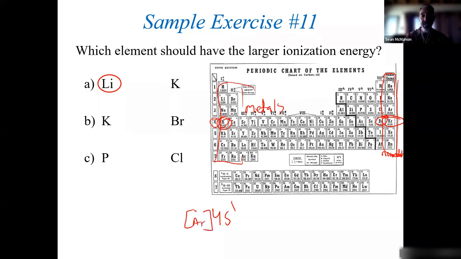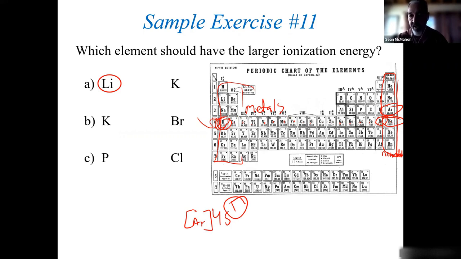It actually wants to lose this valence electron, because if it loses it, now it's like argon and it's happy. It's easier to lose the 1 electron than gain 1, 2, 3, up to 17. It's easier to lose 1 electron than gain 7. But for bromine, it's easier to gain 1 than lose 17.